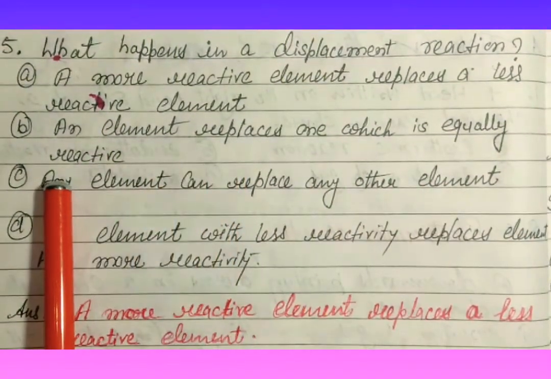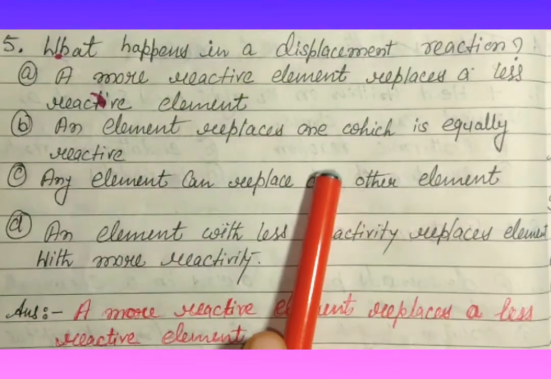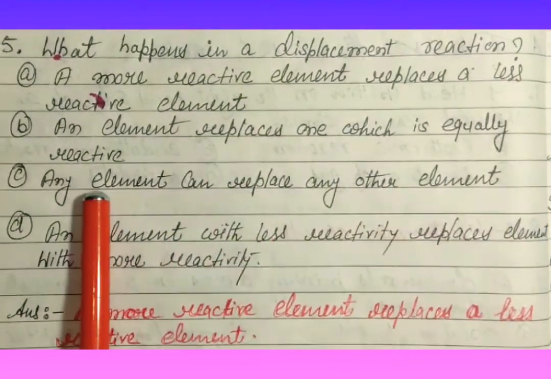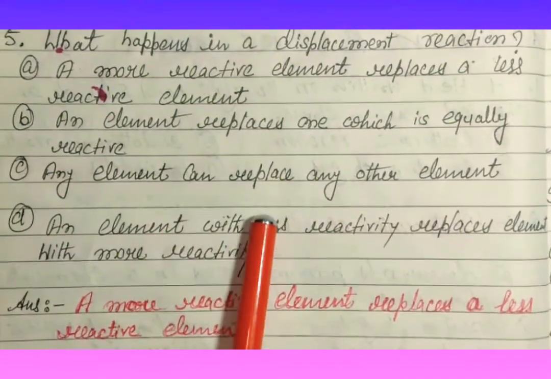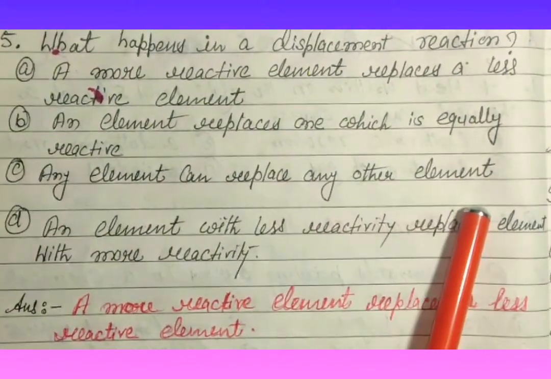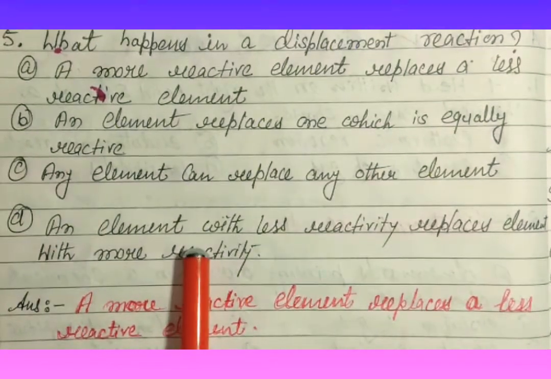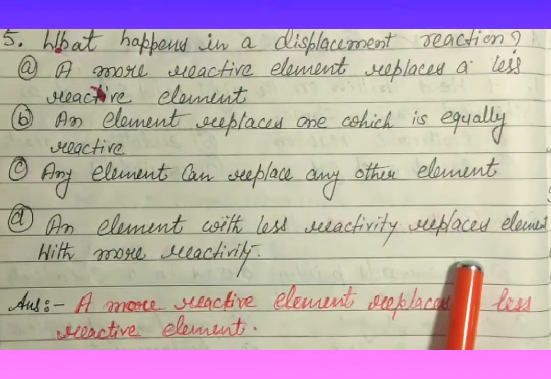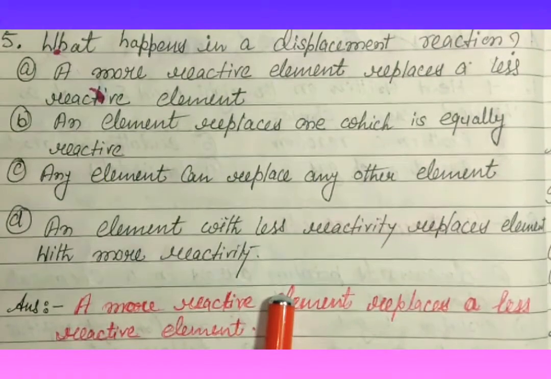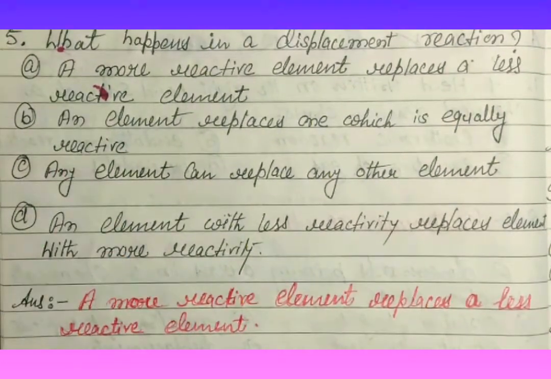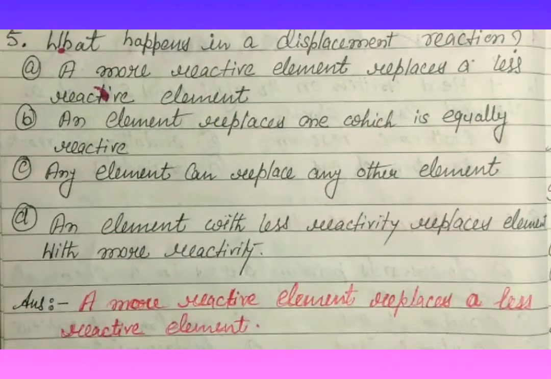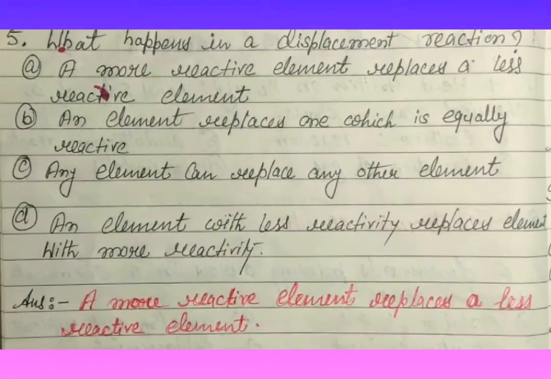Number 2, an element replaces one which is equally reactive. Number 3, any element can replace any other element. Number 4, an element with less reactivity replaces an element with more reactivity. The answer will be the first. A more reactive element replaces a less reactive element.